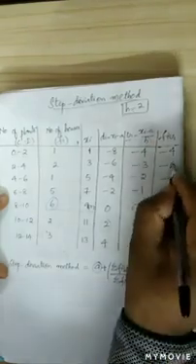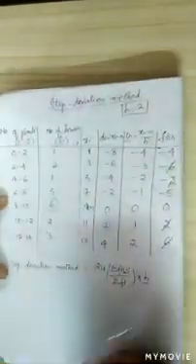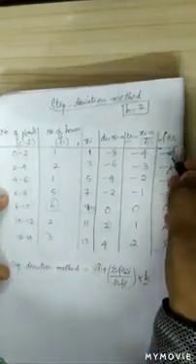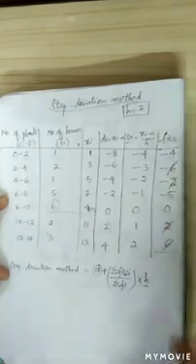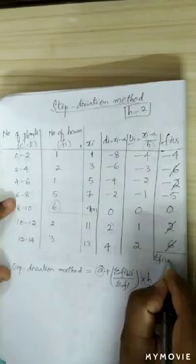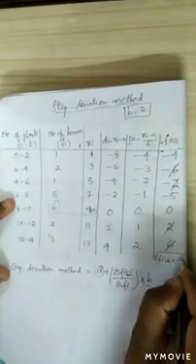We got plus 6, minus 6, cancel. Plus 2, minus 2, cancel. So what remains here? The remaining values are minus 4 and minus 5. Minus 4 minus 5 will be 9 with a minus sign. So here sigma fi ui equals minus 9.